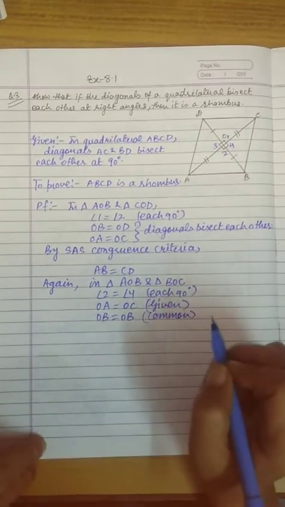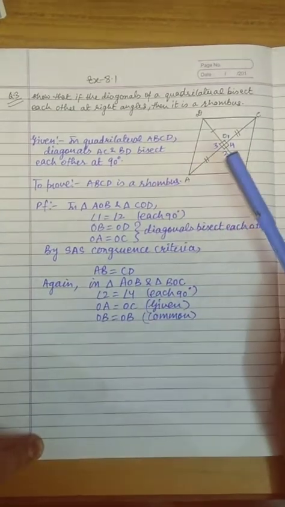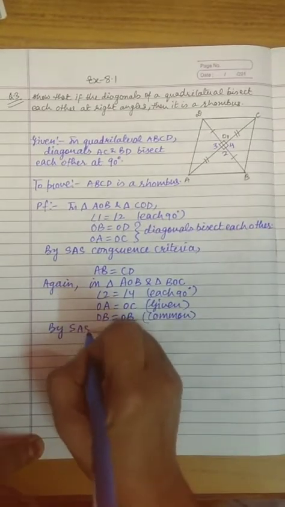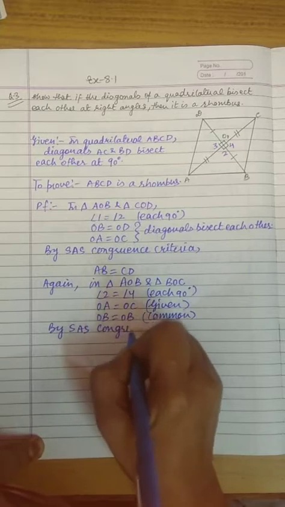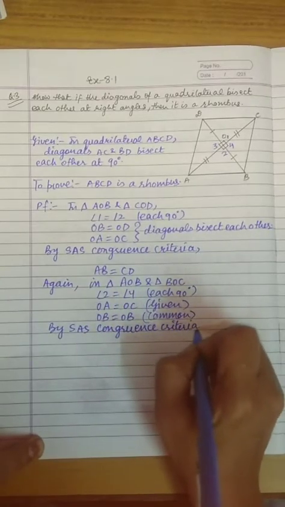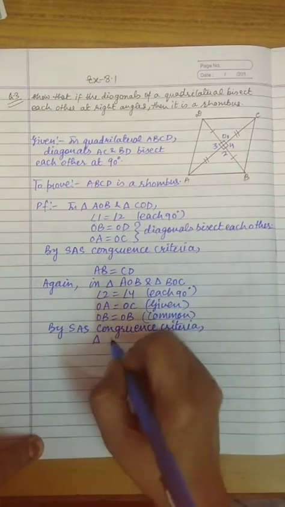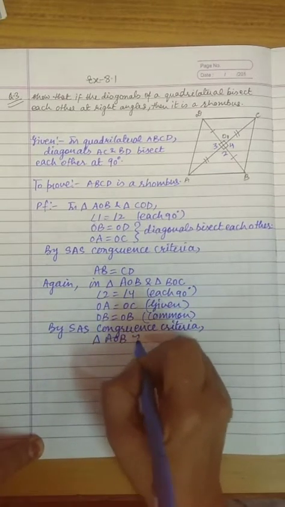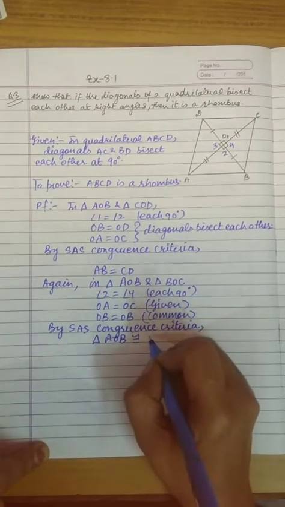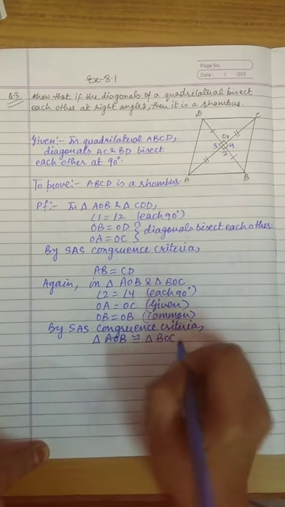So again by SAS congruence criteria, triangle AOB is congruent to triangle BOC.